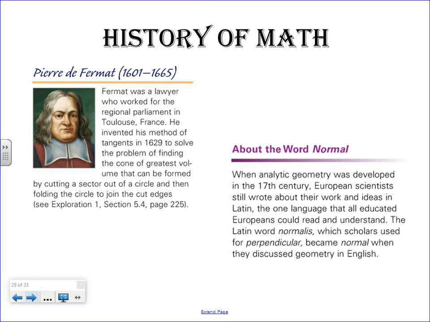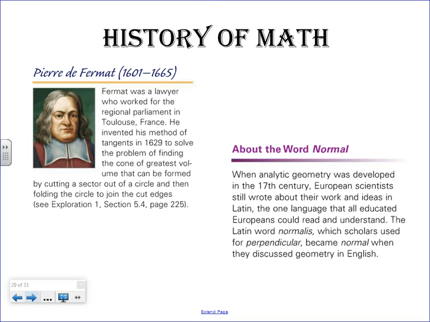Greatest volume, maximizing volume. What kind of problems were those? Not related rates. Optimization. He was doing an optimization problem, and that led him into figuring out the method of tangents. And specifically having the secant lines get closer and closer to the tangents by having h approach 0. Anyway, that was interesting.